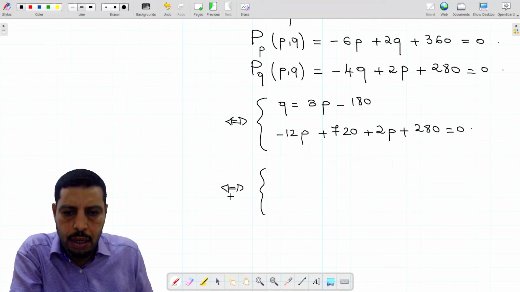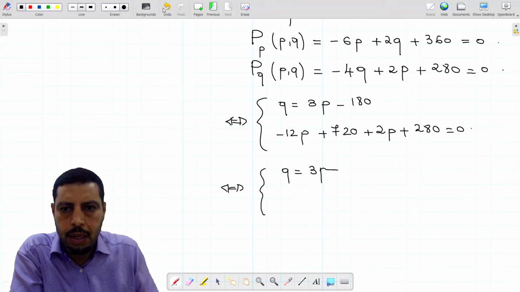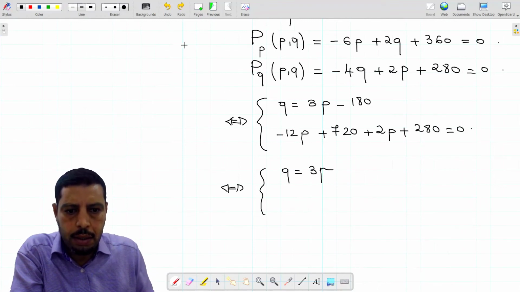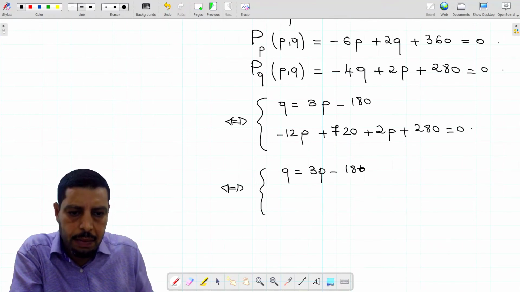So let's solve it and then conclude the value of q. So the second equation here, so we have q equals 3p minus 180.